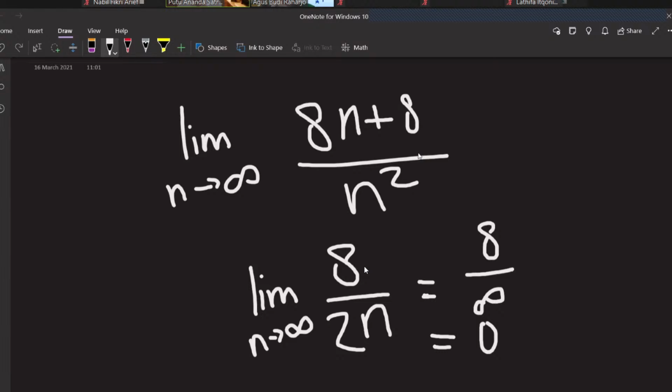L'Hospital's rule says that we take the differentiation of both the upper part and the bottom part of the fraction. After we get the differentiation of both of them, which is 8 and 2n, we just substitute infinity for n. So based on that, we get the answer 0.